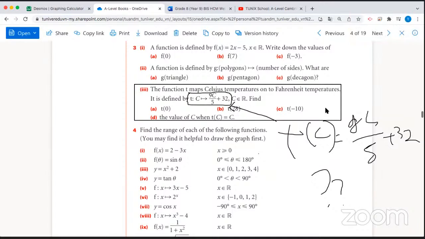For T(-10), you substitute C equals -10. This is the relationship between Celsius and Fahrenheit temperatures. In Vietnam, we use the Celsius system, and in the US, you convert to Fahrenheit.